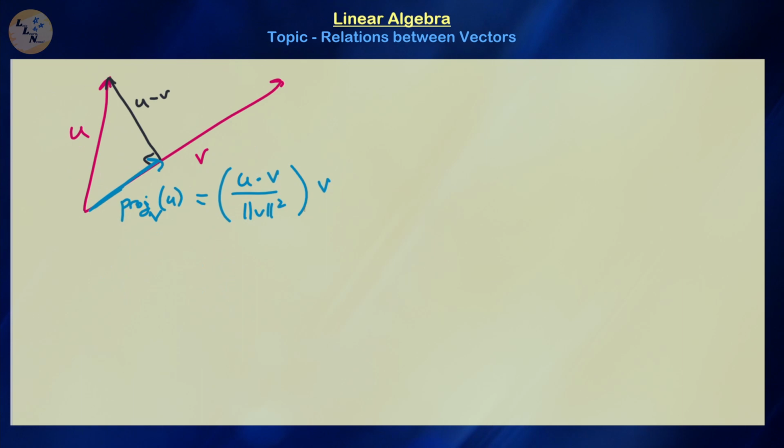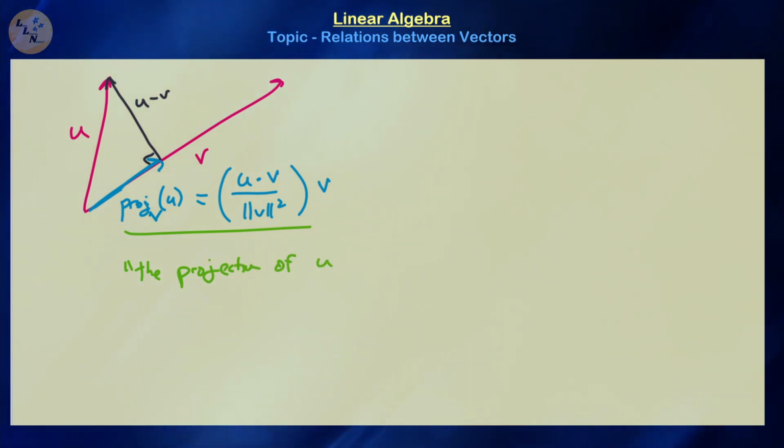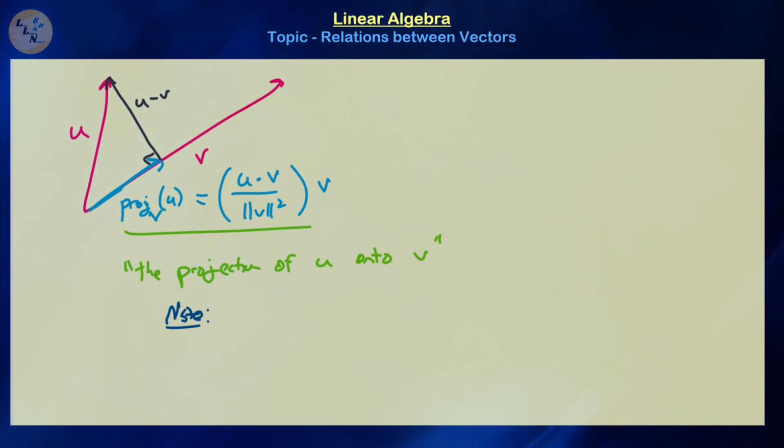Okay, so how do we read this expression? This is the projection of u onto v. And when we say this, also note, in order to keep your terminology and geometric understanding straight, the right angle is with respect to v.